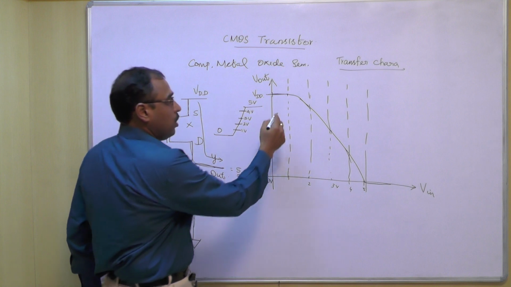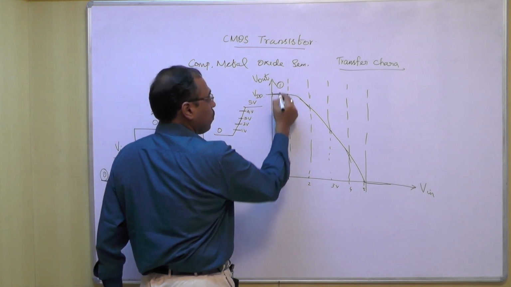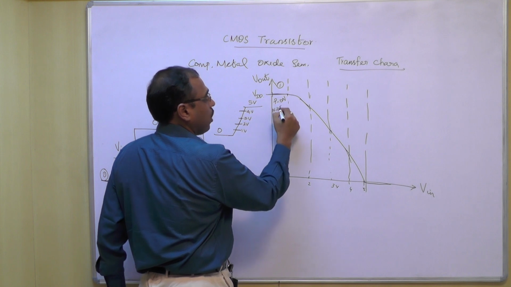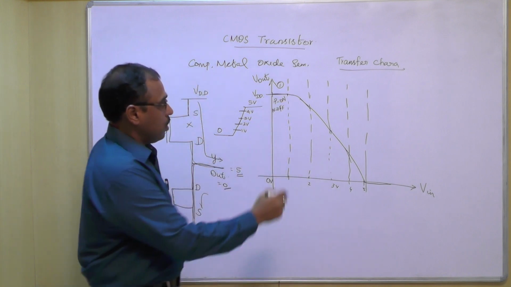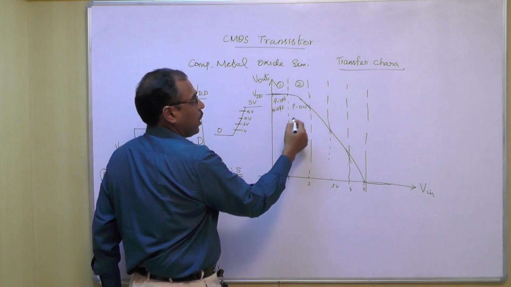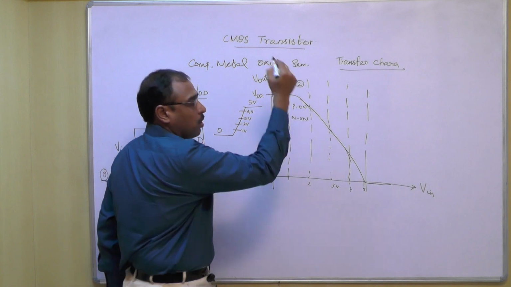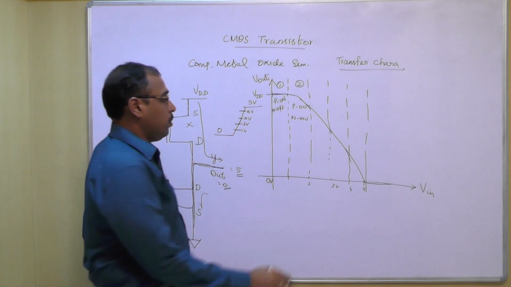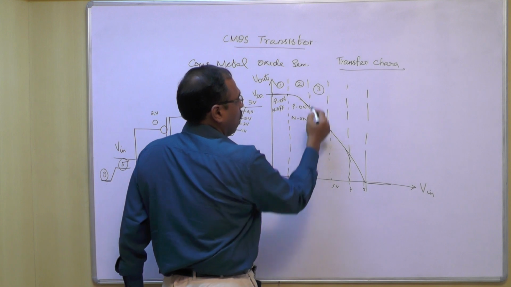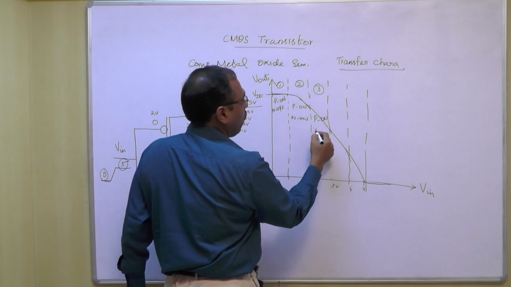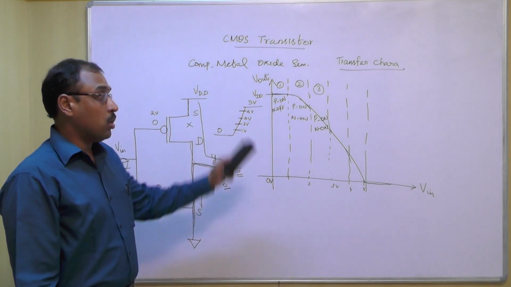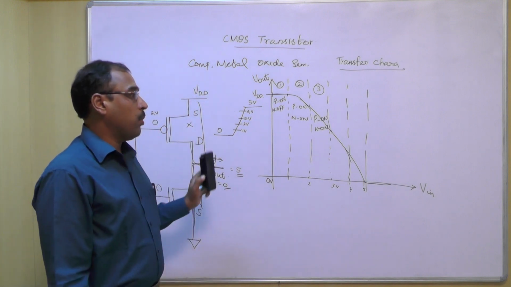regions. In region 1, your PMOS is fully on and NMOS is off. In region 2, P is fully on but N is partially on. In region number 3, P is also on and N is on, because it is the middle, 2 to 3 volt, where both transistors are on in the same conduction.